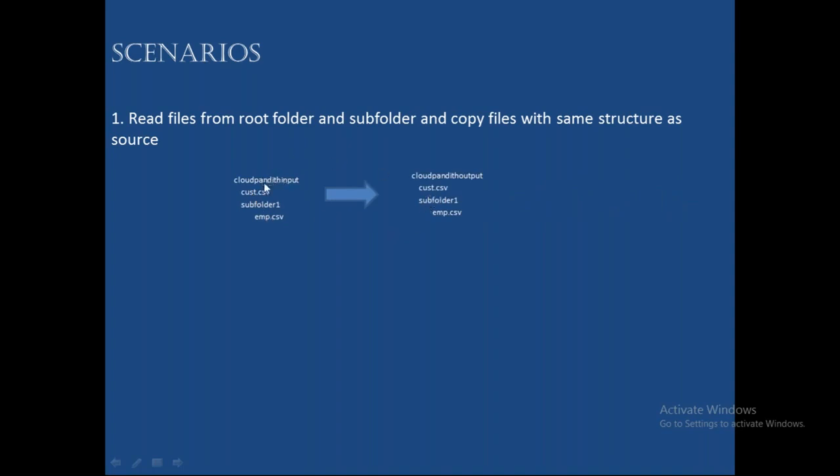All the structure is available in the Cloud Pandit input container. We have one file and a subdirectory, and in the subdirectory I have a file. The same structure I am moving into another container called Cloud Pandit output. I am moving files from Cloud Pandit input to Cloud Pandit output, but with the same structure.